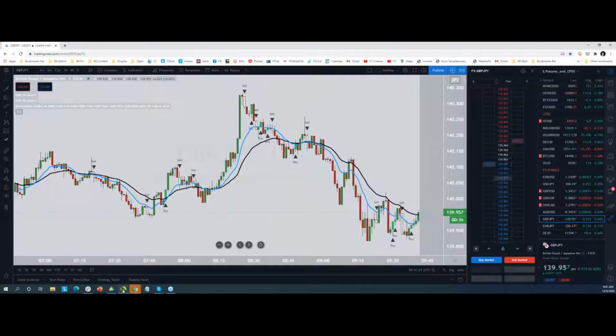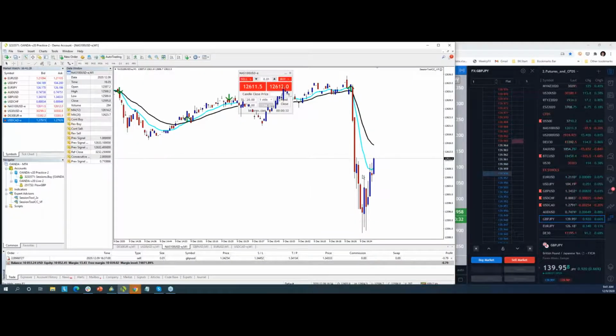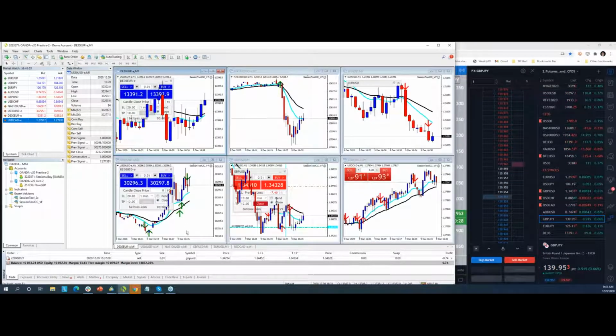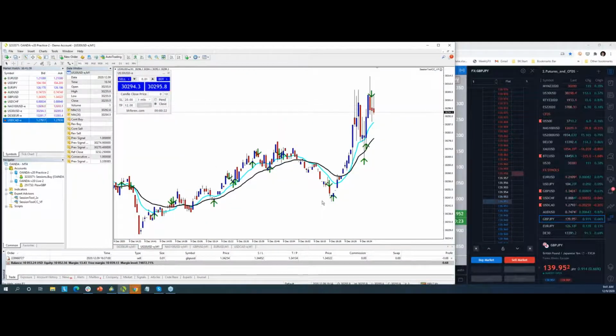What's going on over here on the Dow? Nas is turning a little bit finally. Dow is finally starting to show us a negative candle. So on the Dow, we have a negative candle in our classic structure: a positive trend, then a negative candle. The high on this candle would be, let's say, 304, 305.